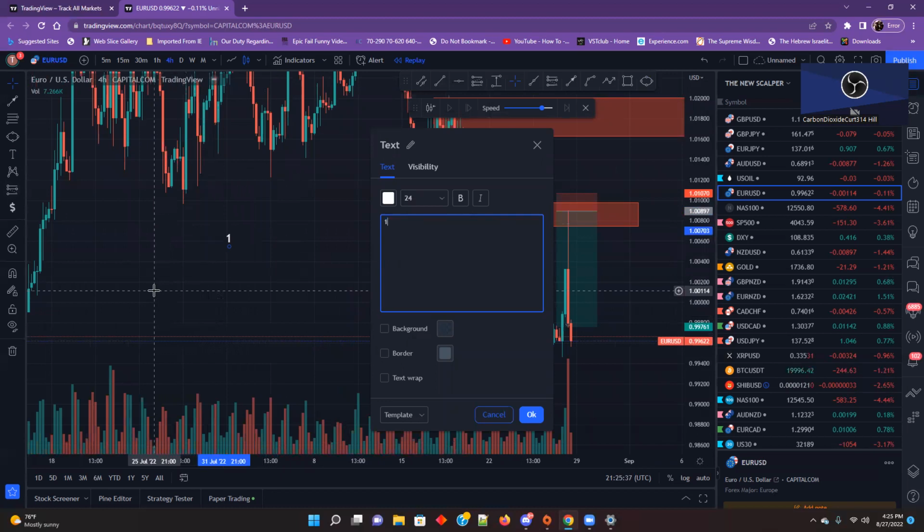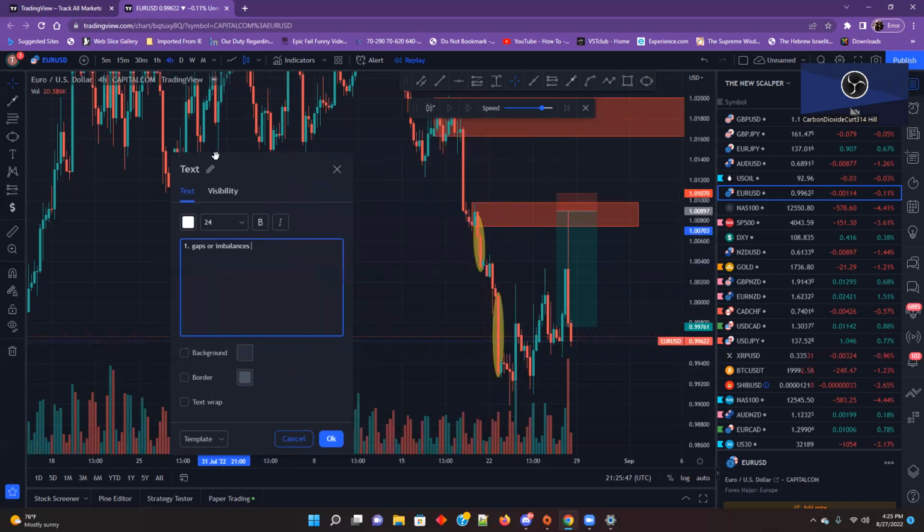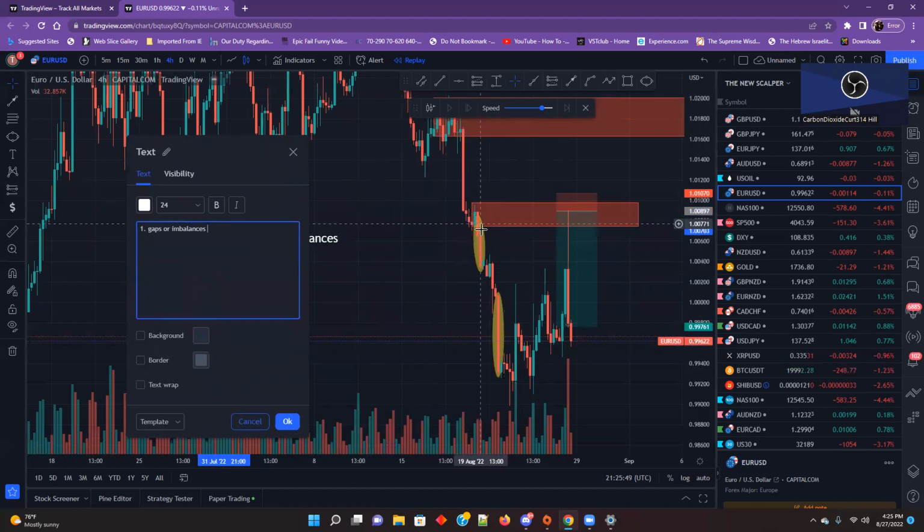That's step number one: gaps or imbalance. Hopefully I'm spelling it right. The gaps and imbalance, these are what we look for after the market flushed the price down. We're looking for these gaps to be filled. As you can see, it got filled.